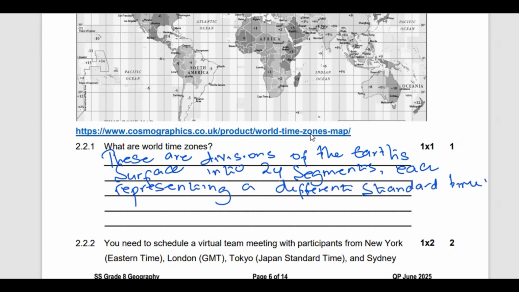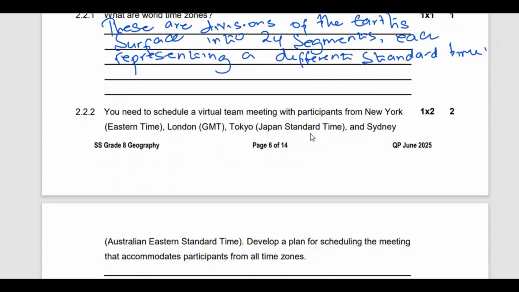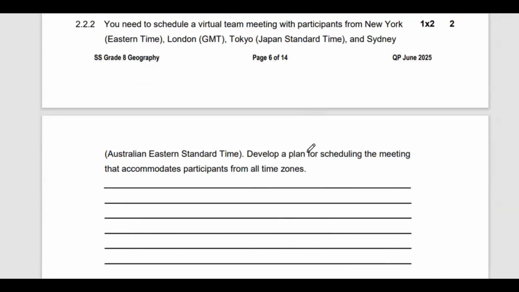Okay, then you'll need to schedule a virtual team meeting with participants from New York, London, Tokyo, and Sydney. Develop a plan for scheduling the meeting that accommodates participants from all time zones. Right.